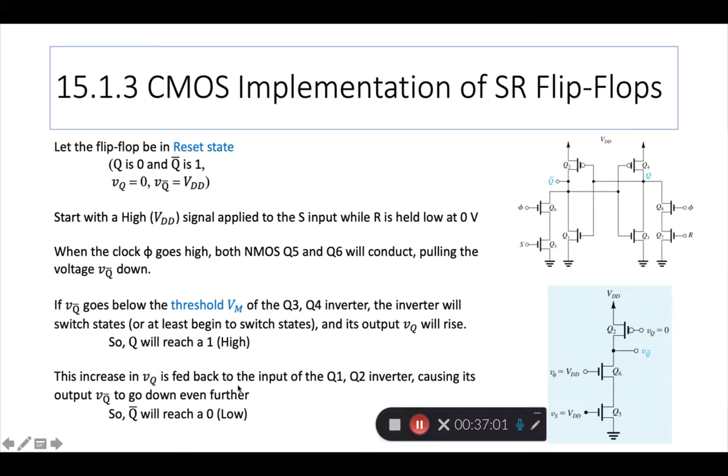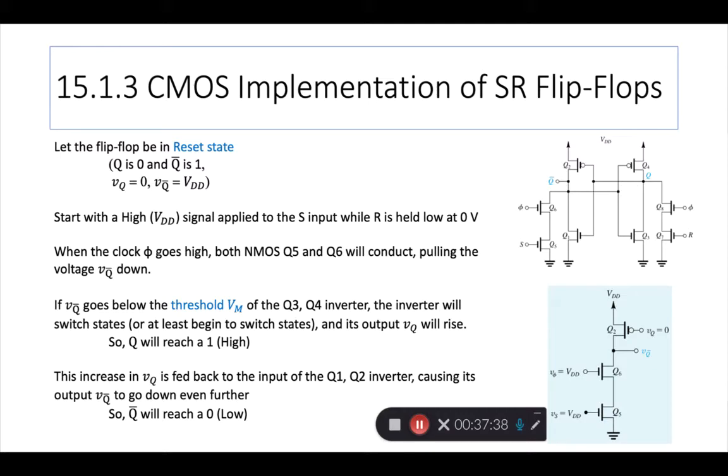This increase in VQ is fed back to the input of the Q1, Q2, causing its output VQ bar to go down even further, right? Because of the cross coupling, this goes in as the input to this inverter, and that inverter now goes even lower. That means Q bar goes low, and that pushes the output of Q even higher, so because they are cross coupled. So basically this dynamic regeneration process eventually leads to the latch going to one of its two stable states.